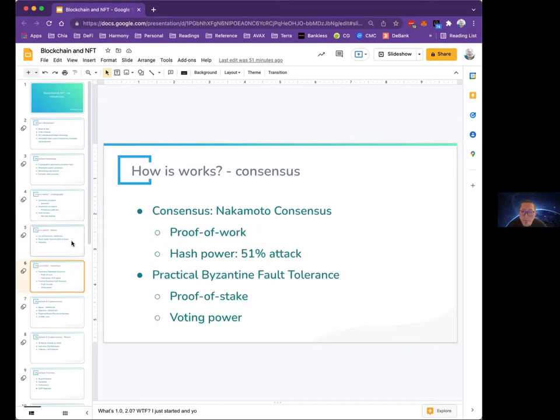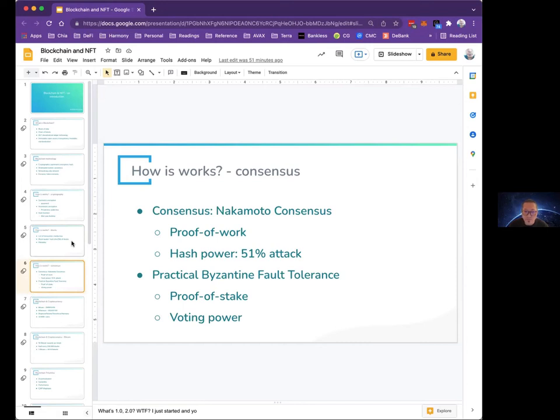Another important technology, and an important computer science subject in blockchain, is called consensus. Consensus, based on the name, means the people in the network reach agreement.